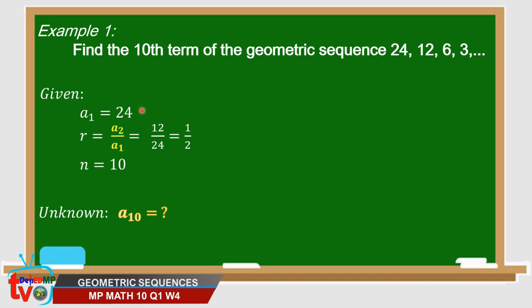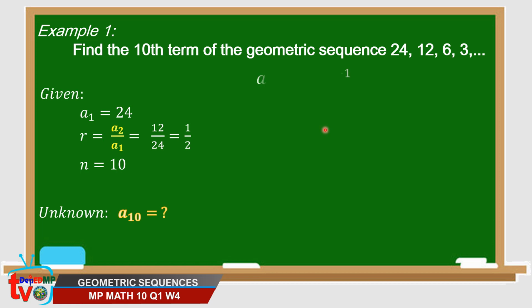The common ratio is also given, but we need to determine it by dividing 12 by 24, so r is equal to 1/2. And the number of terms is 10, because there are 10 terms involved. For the unknown, we are going to solve for the 10th term.